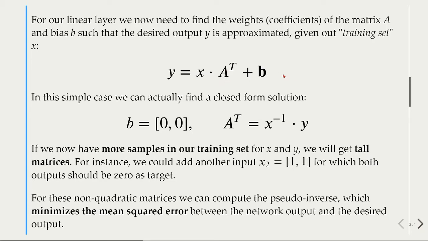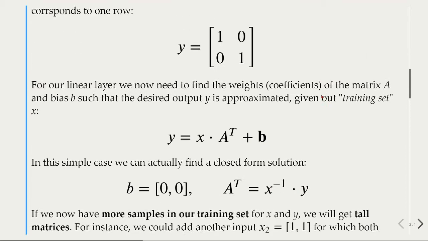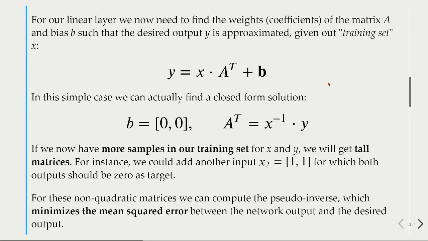This is the bias. And in this simple case, we can actually find a closed form solution. If the bias is 0 and 0, and A transpose is the inverted X times Y, then we have a closed form solution for this problem.